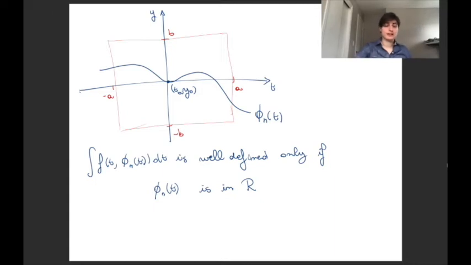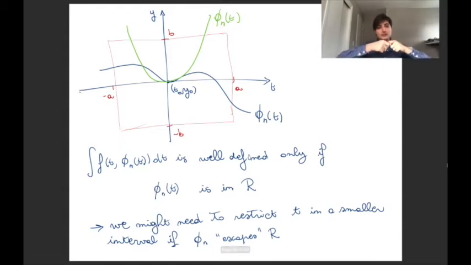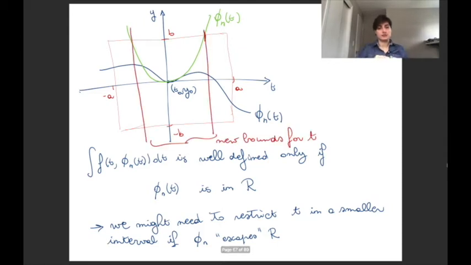But remember, it has to pass through (t0, y0). If it just jumps away from the rectangle, then we have to restrict ourselves to a smaller section. We have to bound t a bit tighter in order to always have the result of our integral.